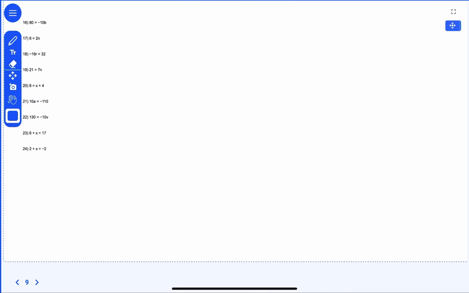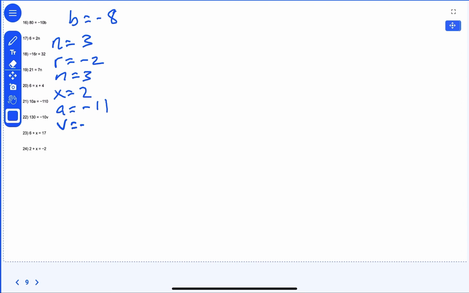I think I can see. Yep, 16 is what? B is equal to negative 8. 17 is N equals 3. 18 is R equals negative 2. 19 is N equals 3. 20 is X equals 2. 21 is A equals negative 11. 22 is V equals negative 13. 23 is X equals 11.